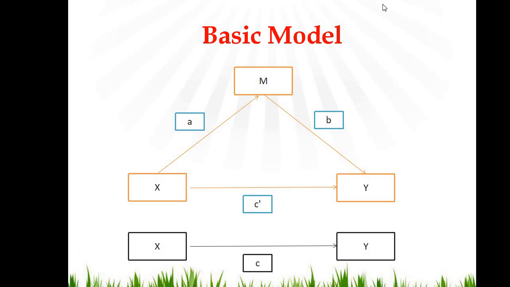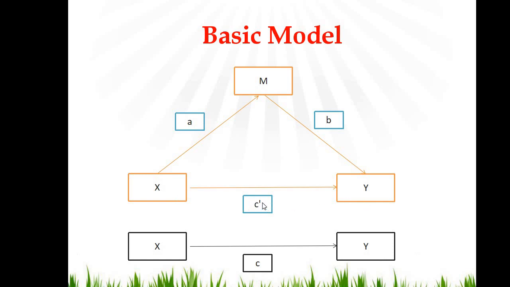And then come three more concepts: direct effect, indirect effect, and total effect. In this model, the effect of X on Y without inclusion of M, C, is basically measuring the total effect. Whereas when we add M, the effect X is having on Y, that we call C prime.